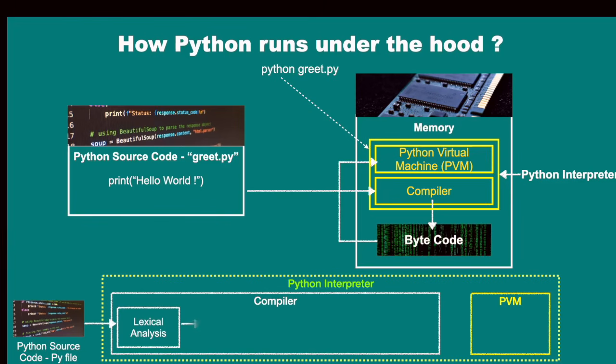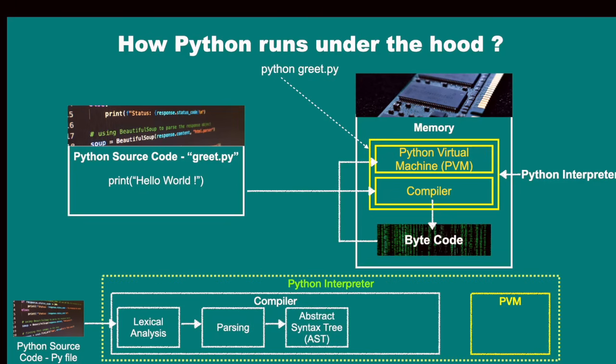Second is parsing. The parser takes these tokens and arranges them into a structure that reflects the syntactic rules of Python. This results in a parse tree. Third is the abstract syntax tree or AST.